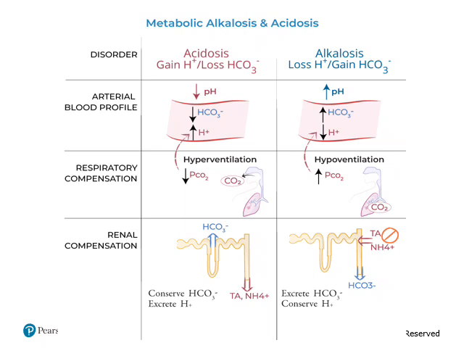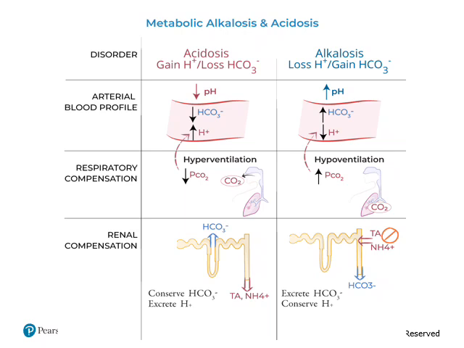It is much less common than metabolic acidosis. Its causes include vomiting of acid contents, for pretty much any reason why you would vomit. Intake of excess base would also cause this alkalosis.